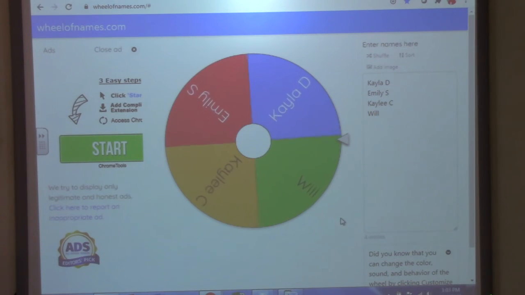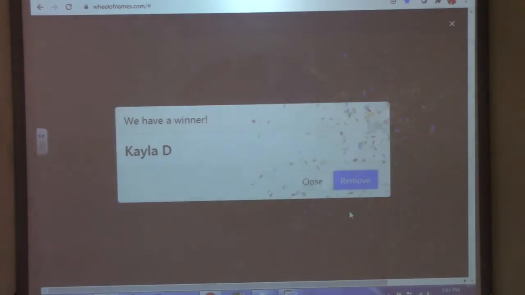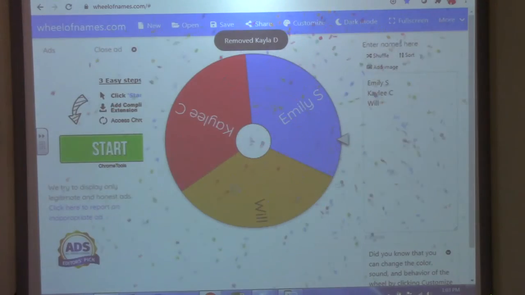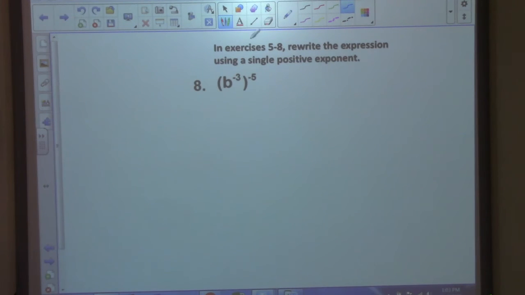It's going to be Will or Kayla. It's going to be Kayla. All right, Kayla. I got b to the 15th power. Everybody agree with that? Yep, that's going to be right.